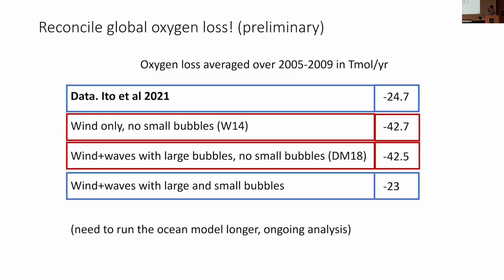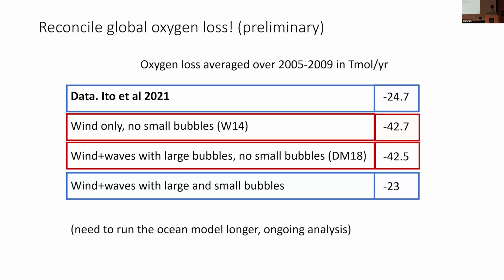And then if you do a global average, and you hope you're going in the right direction, you take the data set from Ito et al. and average over this particular period of time, because that's what we have for now and we're working on more years. They have a number in terms of oxygen loss that is smaller than what you would get, at least in the global ocean model we're running, if you use the classic one-in-cup approach.